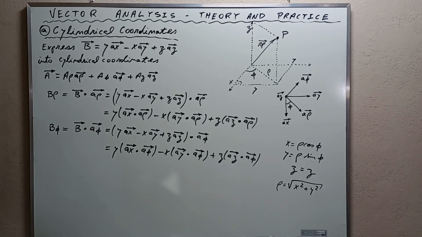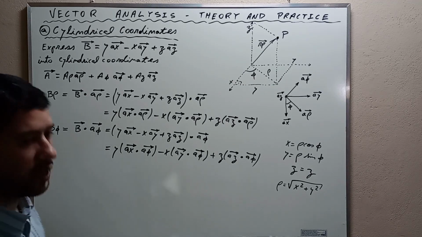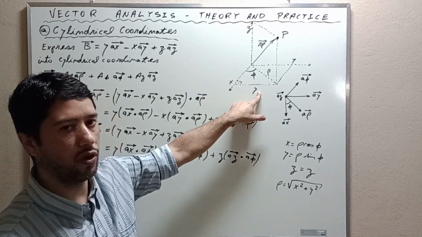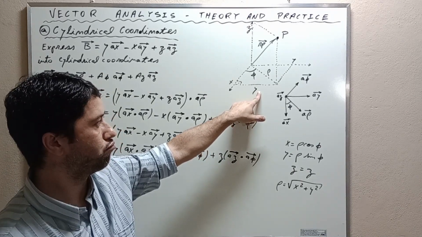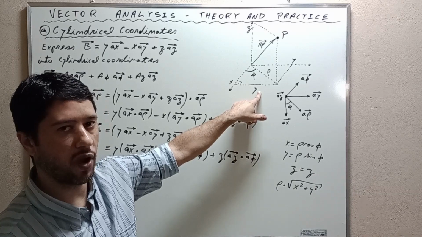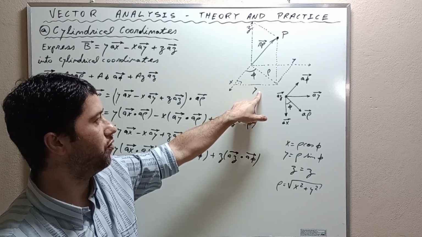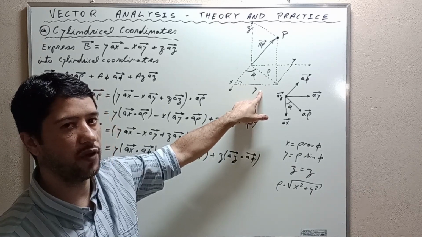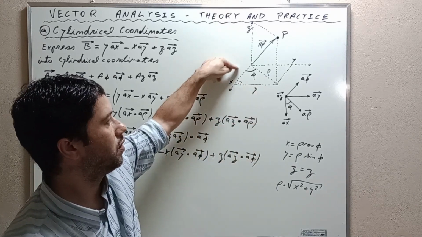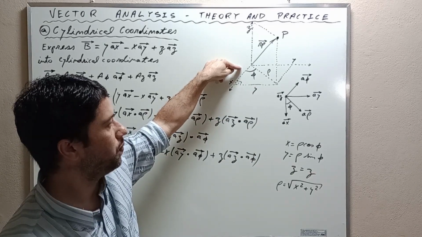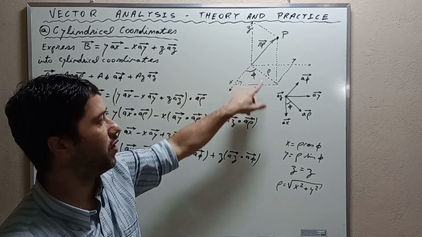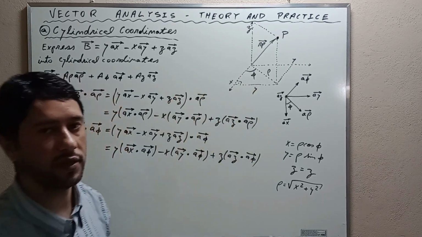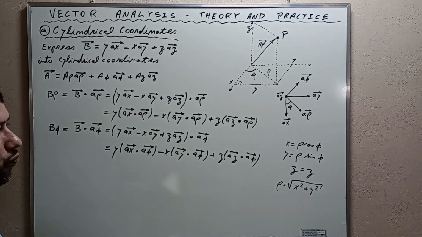Remember that the tangent of an angle that participates in a right triangle is the side in front divided by the side at the side. Okay? So the tangent of phi is y divided by x. But we don't want the tangent. We want the angle.